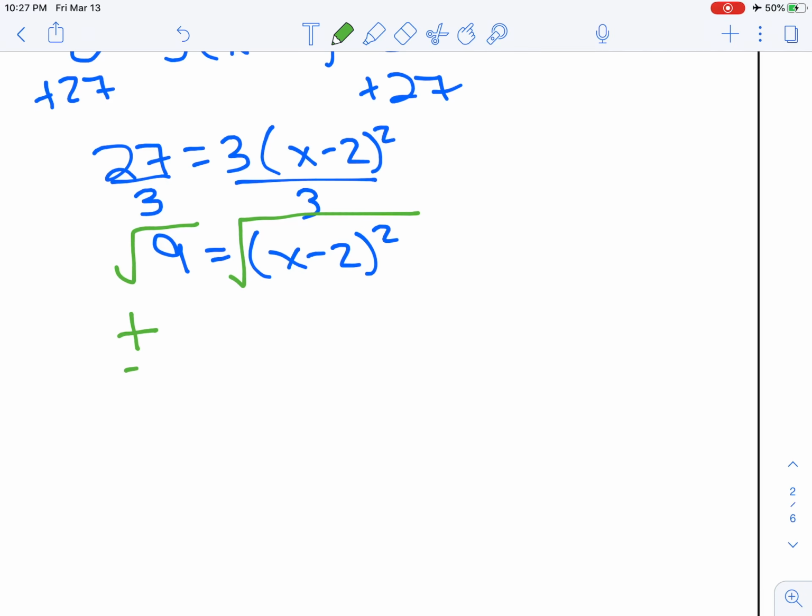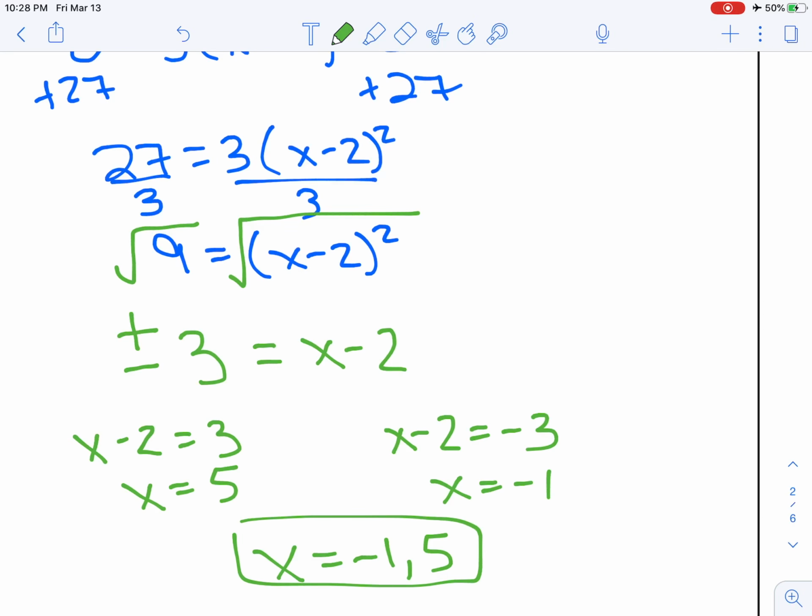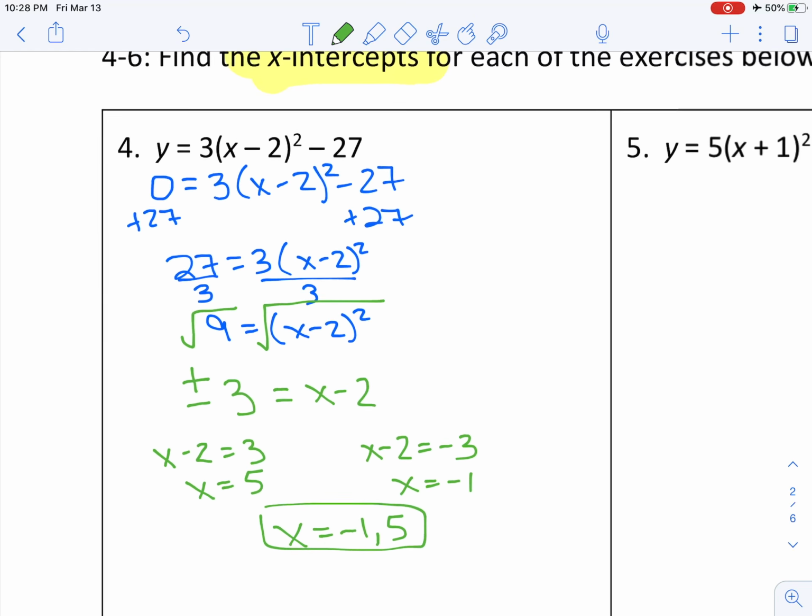When I do that, I get a positive and a negative 3 equals x minus 2. And you can rewrite it as x minus 2 equals 3, x minus 2 equals negative 3. So I get x equals 5 and x equals negative 1. So my answer, negative 1 and 5. And that's my answer to this question.